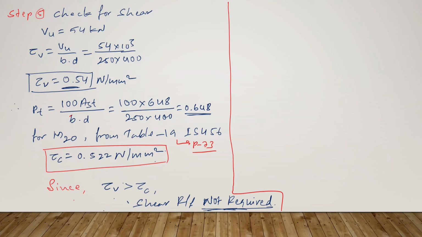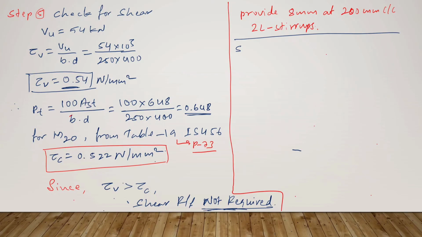Although we have to provide minimum shear reinforcement for a particular beam, therefore provide 8 mm at 200 mm center to center 2 legged stirrups.